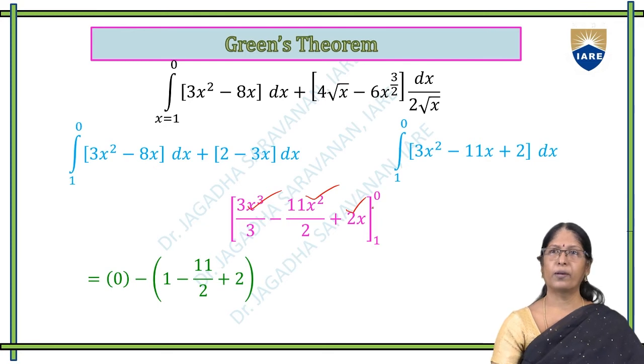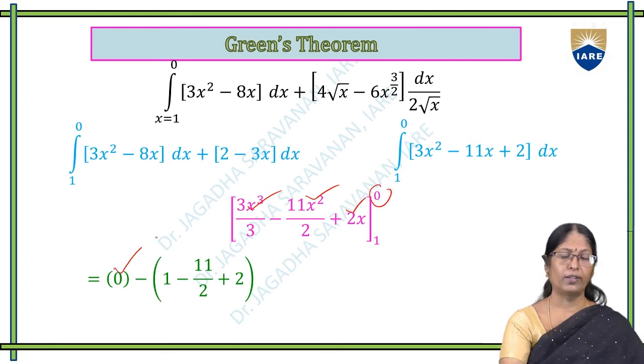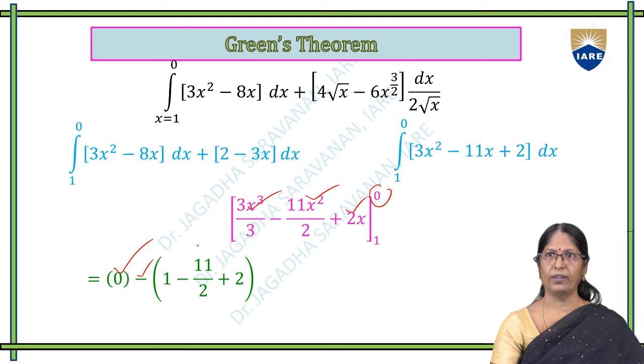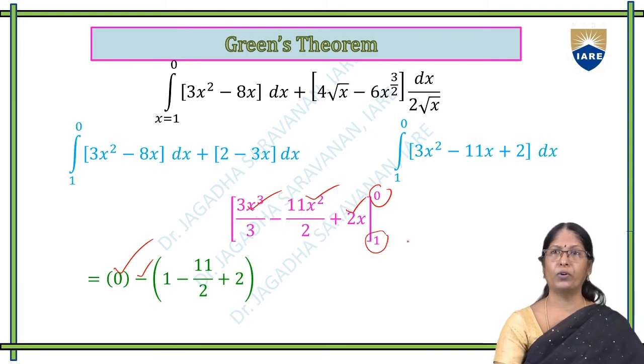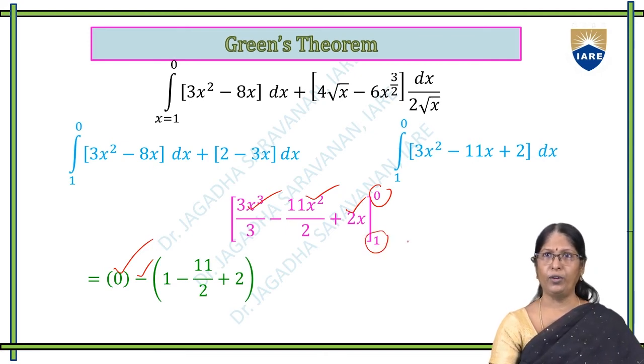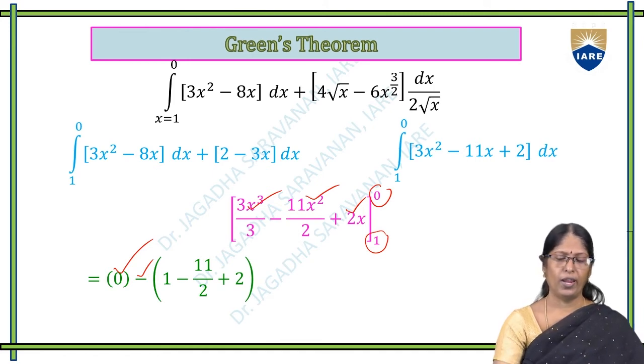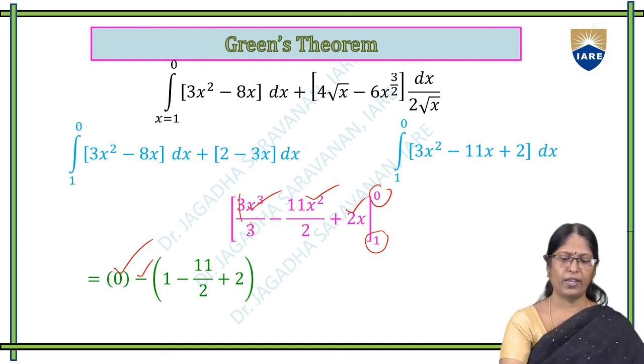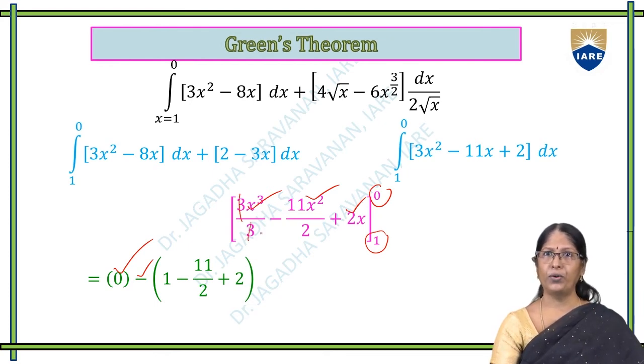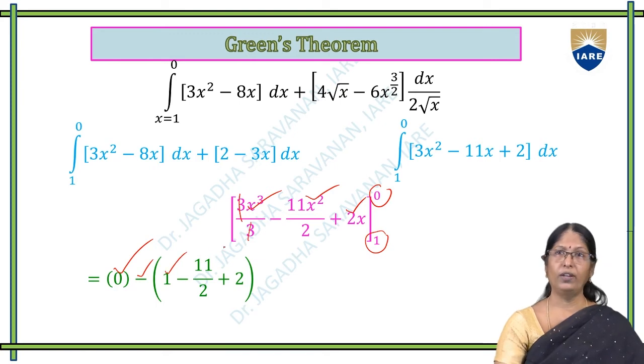If you substitute the upper limit value 0 in the place of x, totally the result is 0. This is the limit formula sign. And coming to the lower limit value, where we substitute 1 in the place of x: the 3 cancelled, 1 cube is nothing but 1.